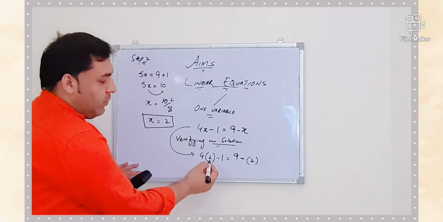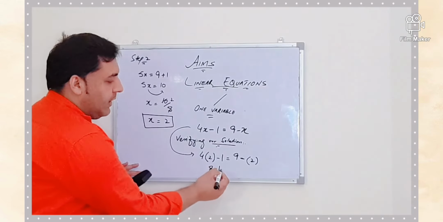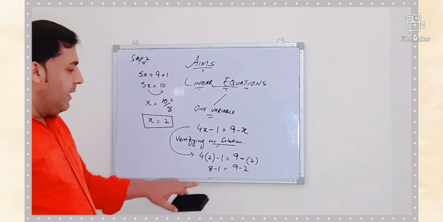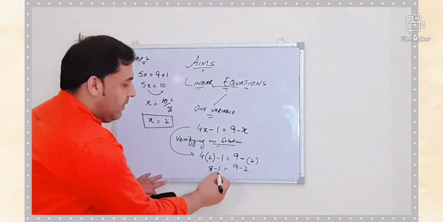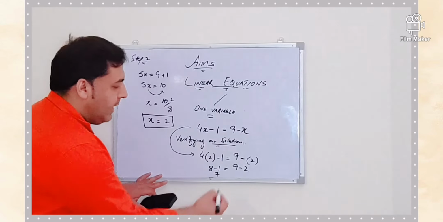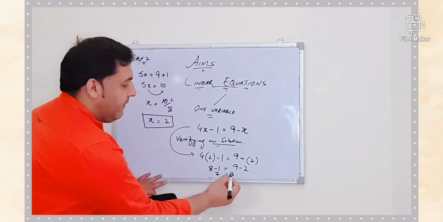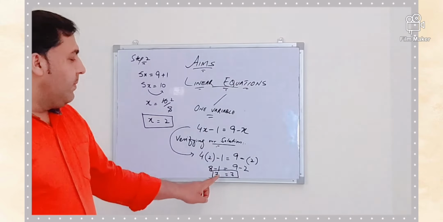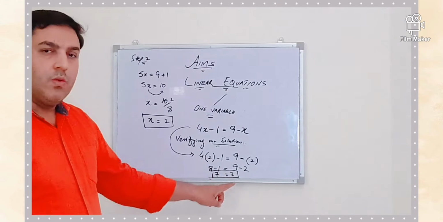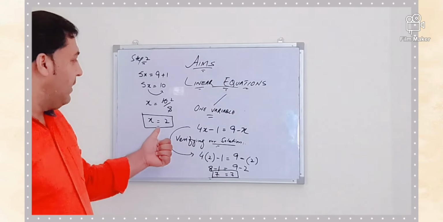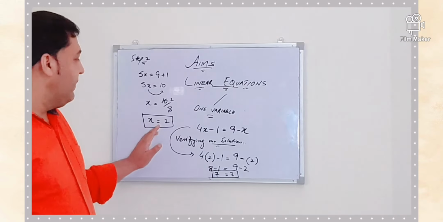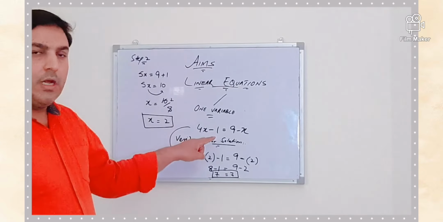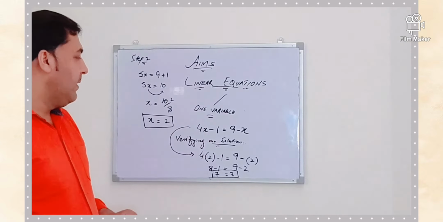So 4 into 2 is 8. 8 minus 1 equal to 9 minus 2. 8 minus 1 is 7, and 9 minus 2 is 7. So you can see the left hand side is equal to the right hand side. So we are now confirmed we received the correct answer. x equal to 2 is the solution of this equation.